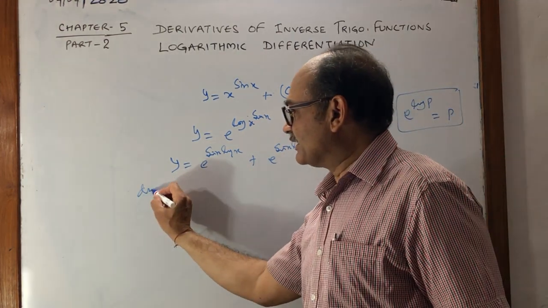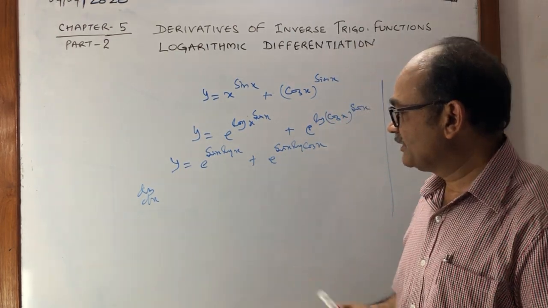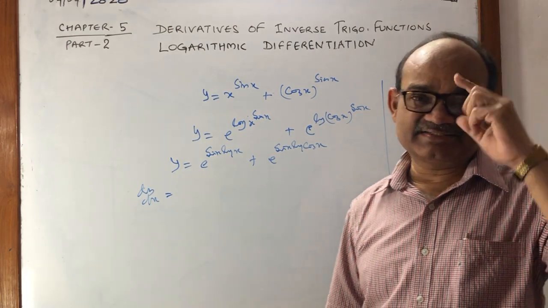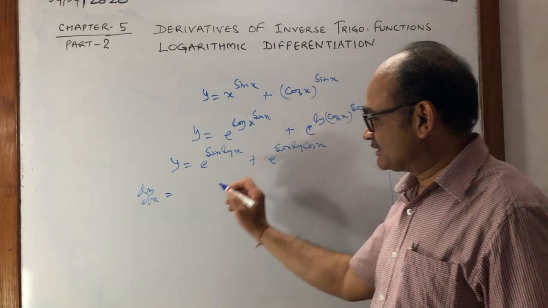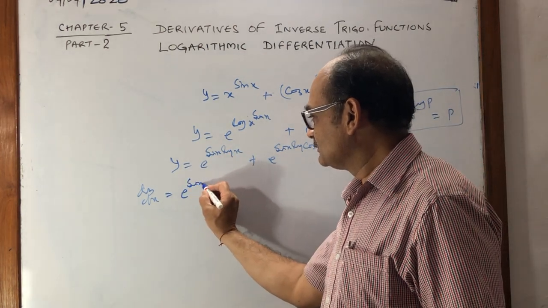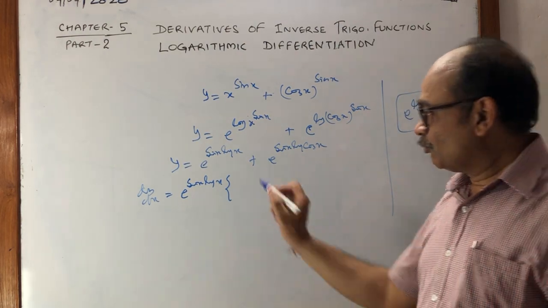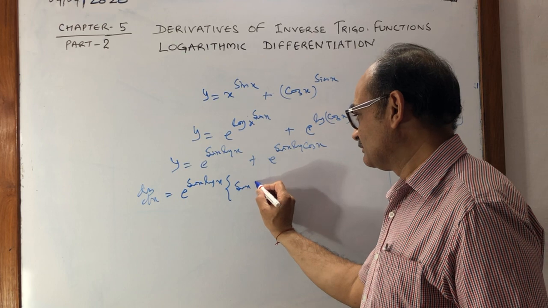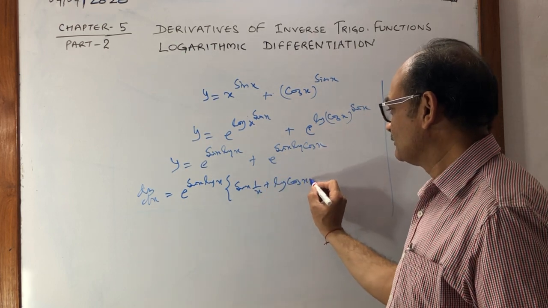Now dy by dx equals, apply the exercise 5.2 chain rule, function of a function. e to the power something, first step, e to the power something. What is something? Product rule: sin x constant, derivative of log x, constant, derivative of sin x.